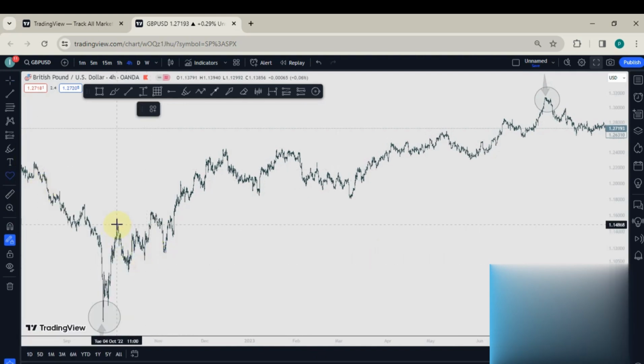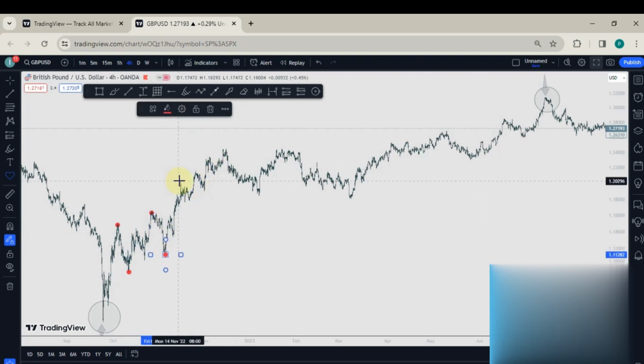There's my higher high. There's my lower low.